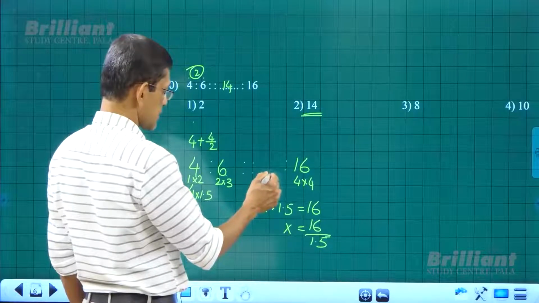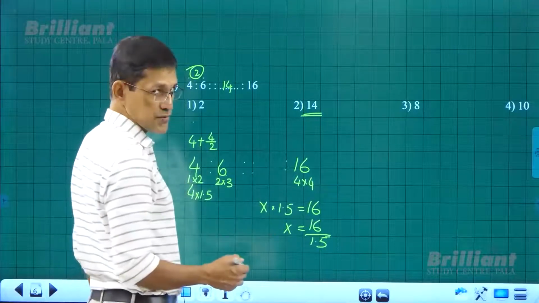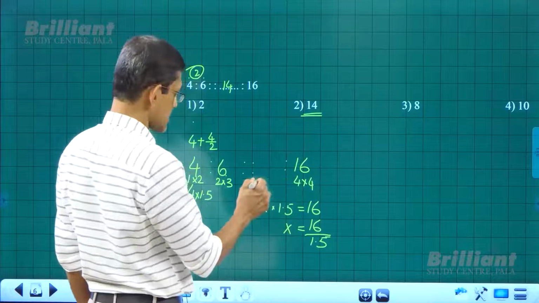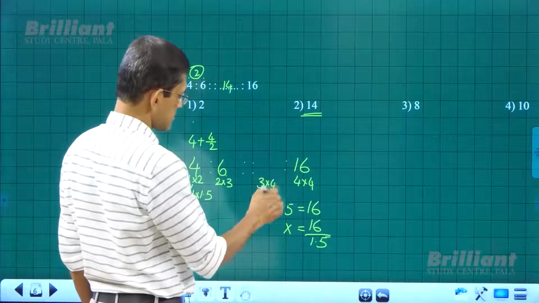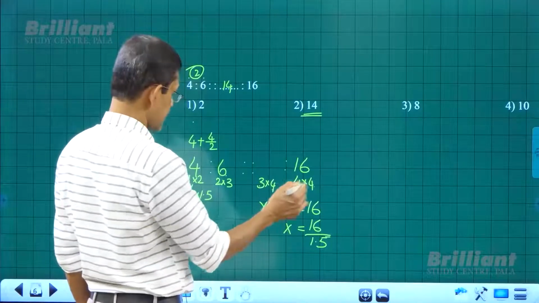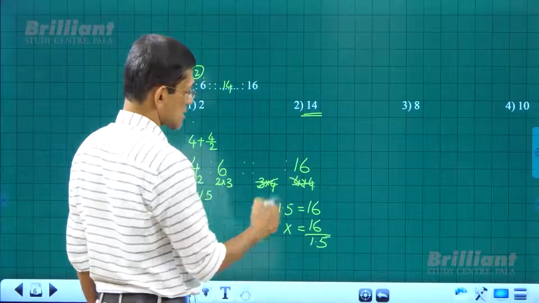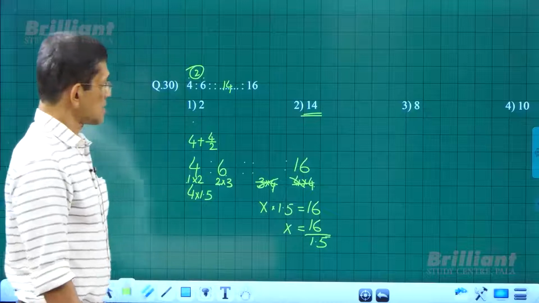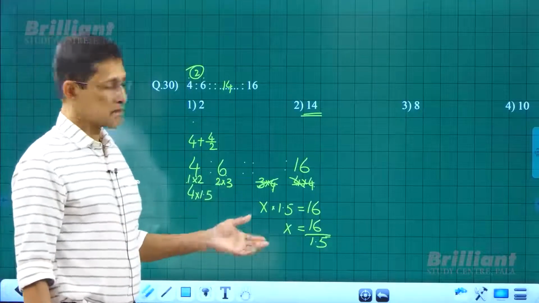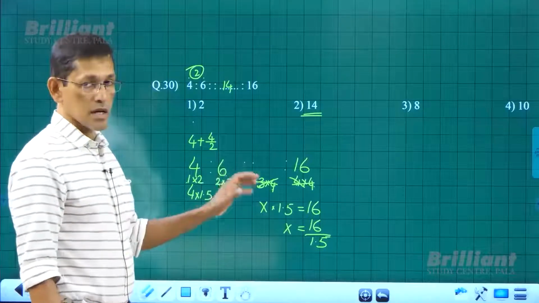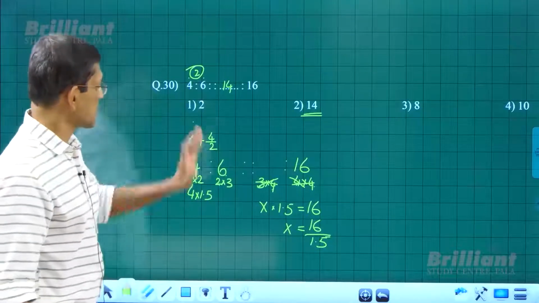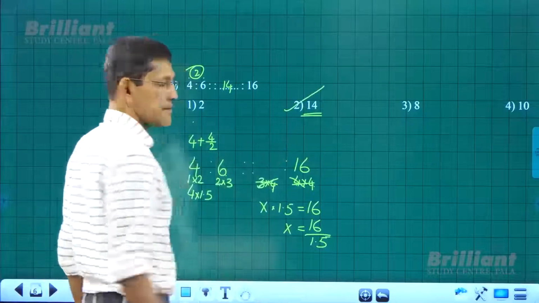Next one, 3 into 4, 4 into 5. That doesn't work. If it is 4 into 4, we can take 3 into 4. Actually, in this case, it's 1 into 2 and 2 into 3. So these two are not really the same patterns. So this is how we verify the questions for the correct possible answers. Here we have the perfect answer 14, so that's good enough.